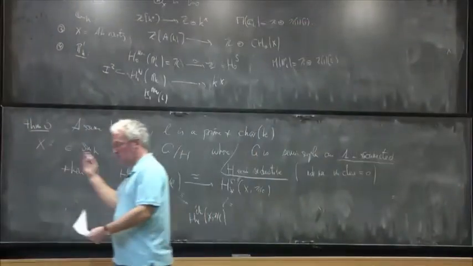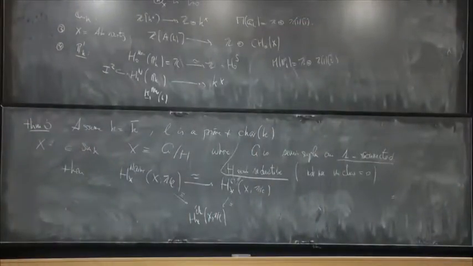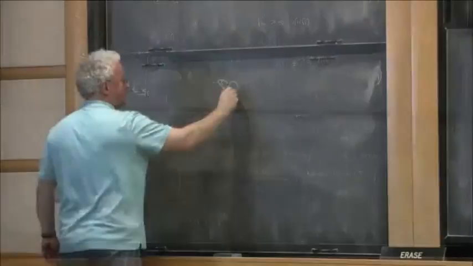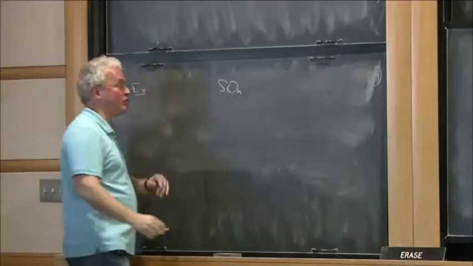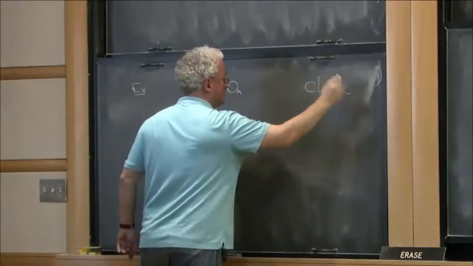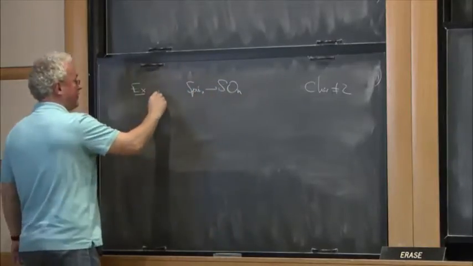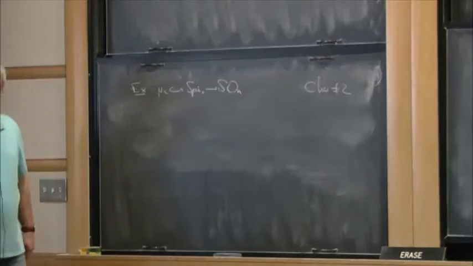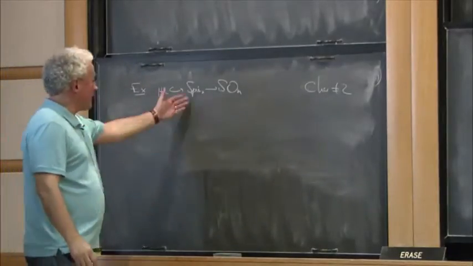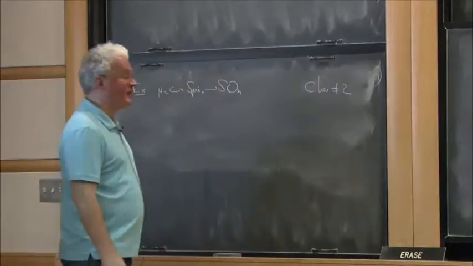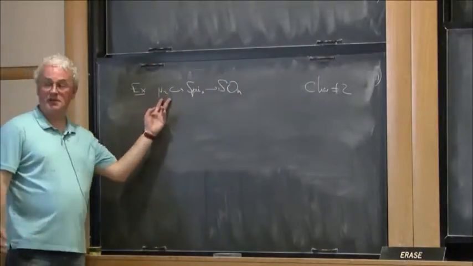Now one comment to explain on non-simply connected. You only have to take care. Let's take the example of SON. It's not simply connected, so in characteristic not 2, you have the universal covering of the group, and you have mu2 here. So a priori it's not touched by this, because this group is not connected.